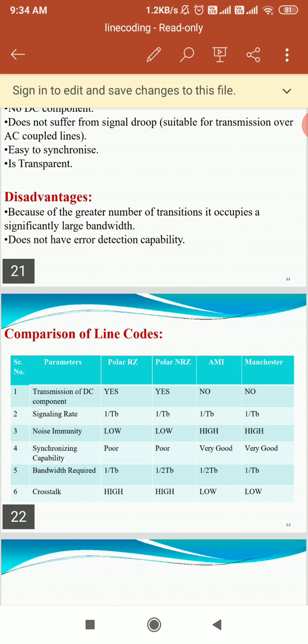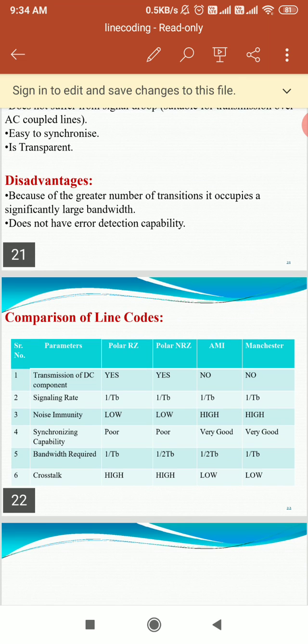Now we can see the noise immunity. If you compare Manchester over polar return to 0, non-return to 0, and unipolar return to 0, non-return to 0, it will have higher noise immunity. So polar and unipolar, return to 0 and non-return to 0, will have low noise immunity.